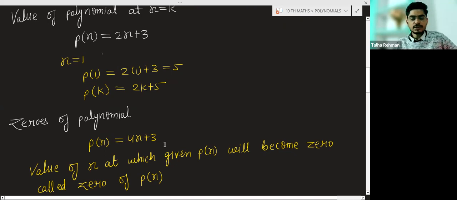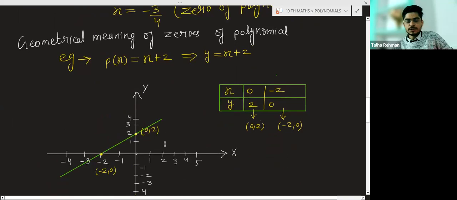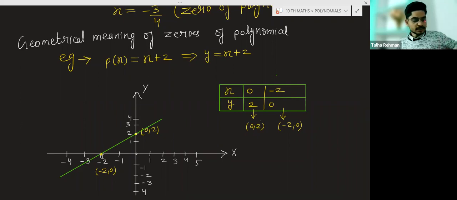And we have also seen the graphical interpretation of the zeros of polynomial. So zeros of a polynomial is basically the x coordinate of a graph of a polynomial which is intersecting the x-axis.